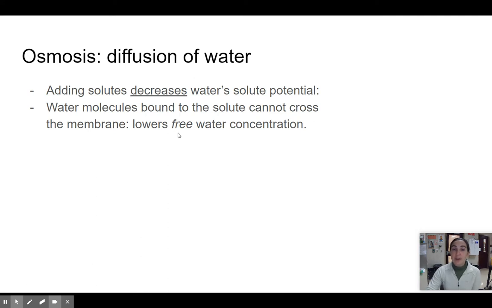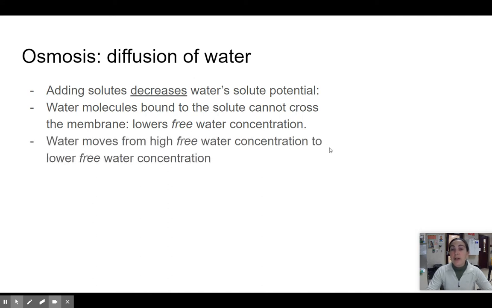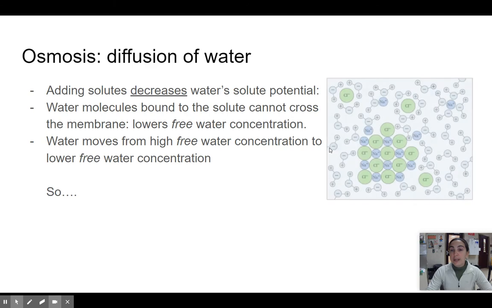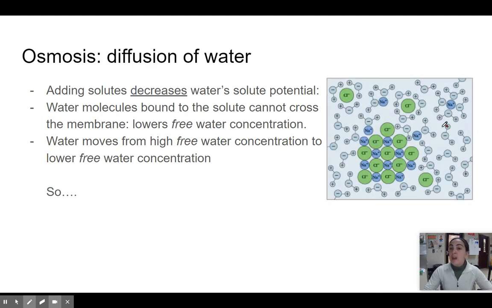And so what you want to think about here is something called the free water concentration. In other words, the ability of water to move freely without being connected to something. So if you look at this picture here, this is showing a bunch of sodium chloride, that's salt, dissolving in water.